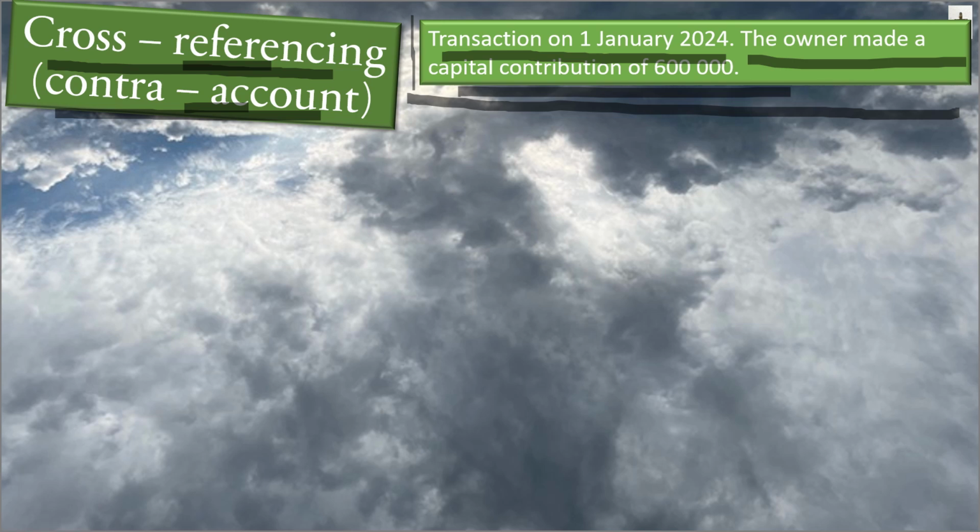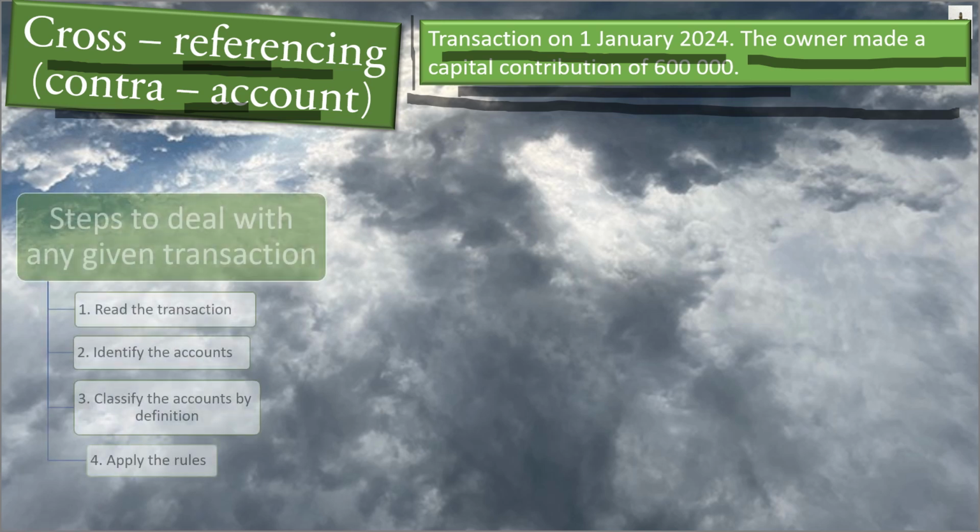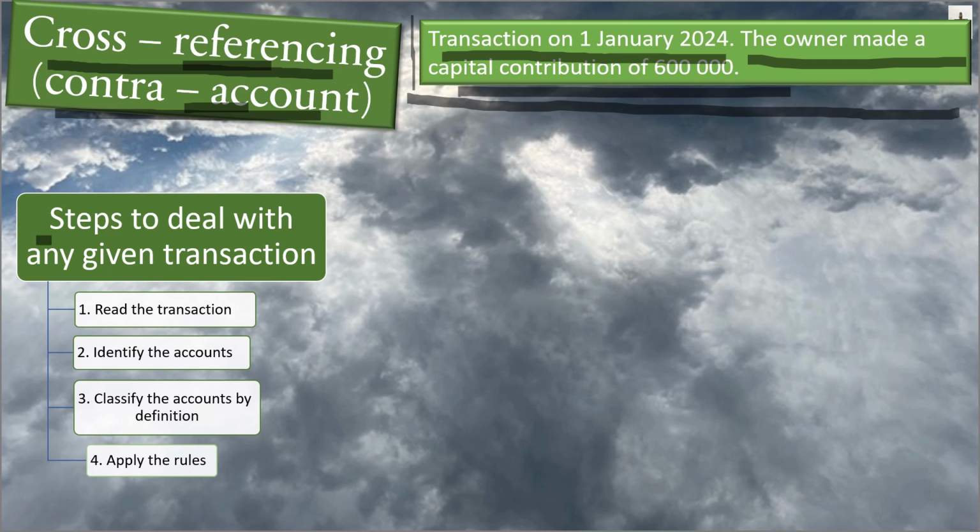Now what you need to do is you need to have steps to deal with any given transaction. Read the transaction, which I just did. Identify the accounts involved. Now I do a whole video on this, but remember, I'm trying to explain to you what cross-referencing and contra accounts are.